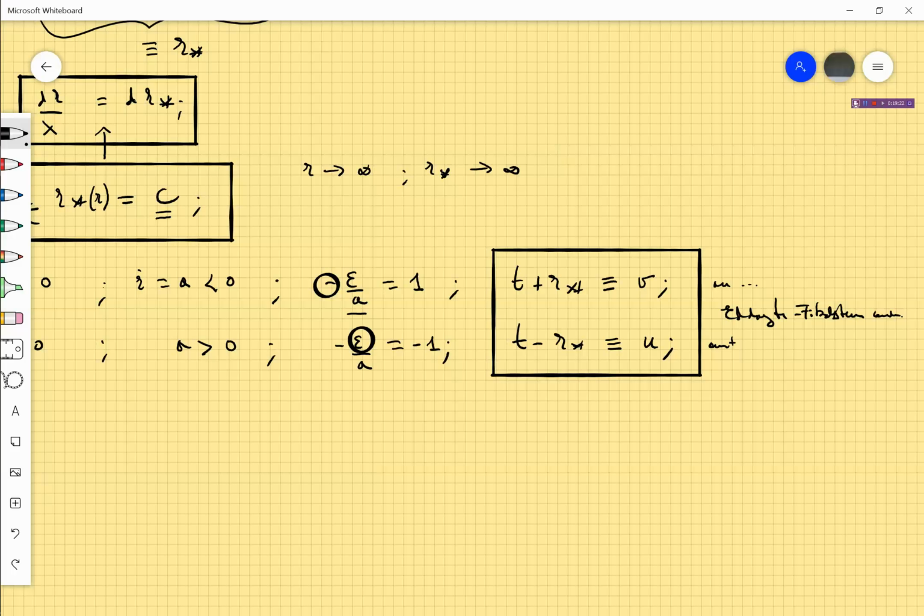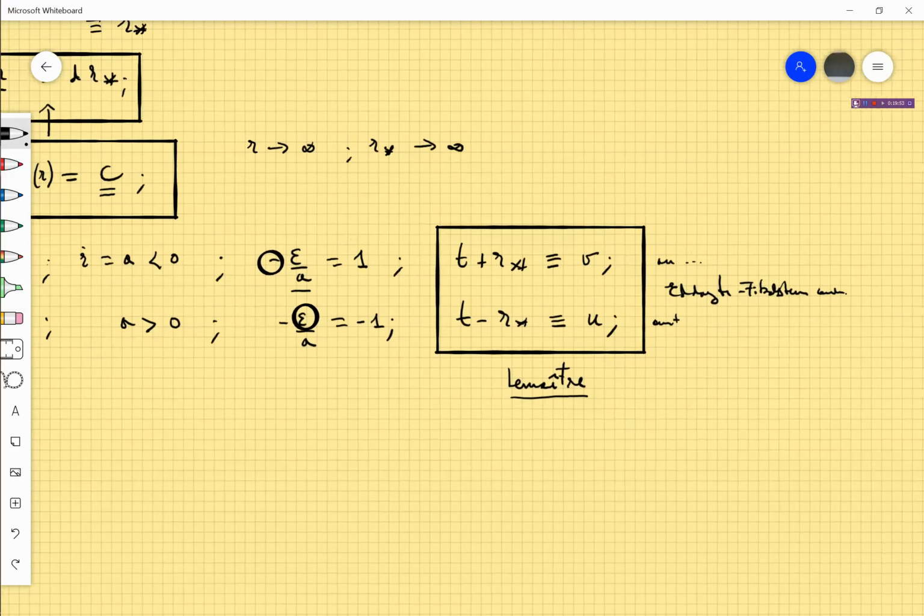And later they were rediscovered by Finkelstein. Still, historically, it was Lemaitre who first realized that there was a change of coordinates that could make the Schwarzschild metric regular at r equal rs. Lemaitre is probably one of the best early relativists.